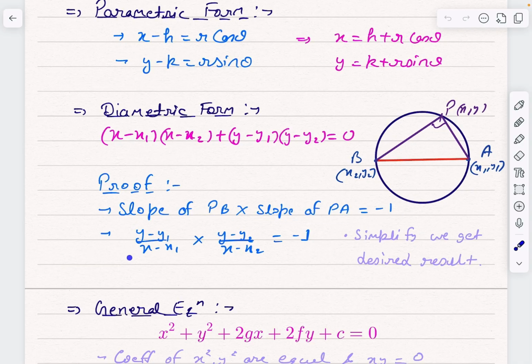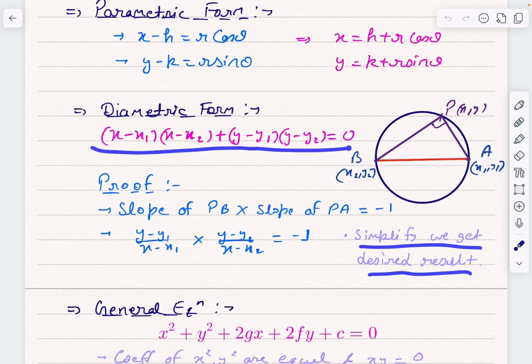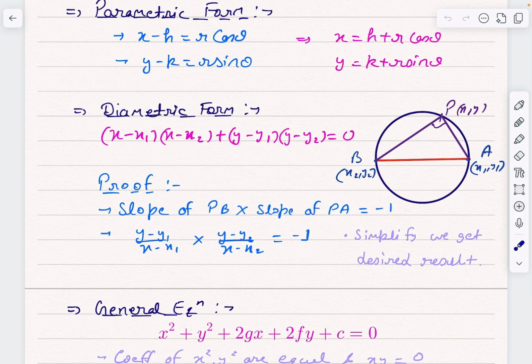The slope of PB will be y minus y1 over x minus x1. The slope of PA will be y minus y2 over x minus x2. The product of them will be minus 1. So when you simplify, we get the desired result. We get this thing. This is the diametric form of a circle.